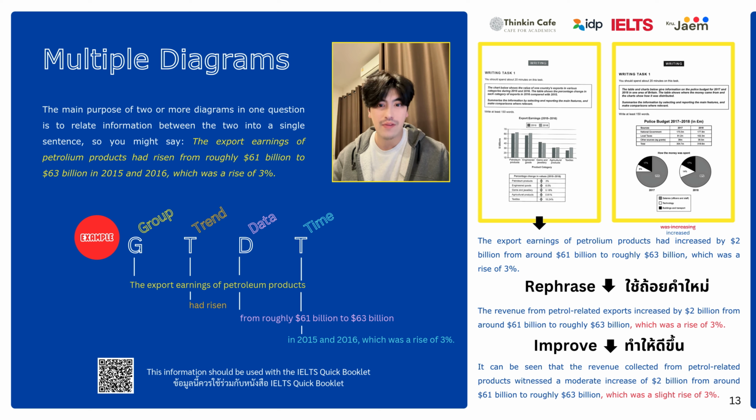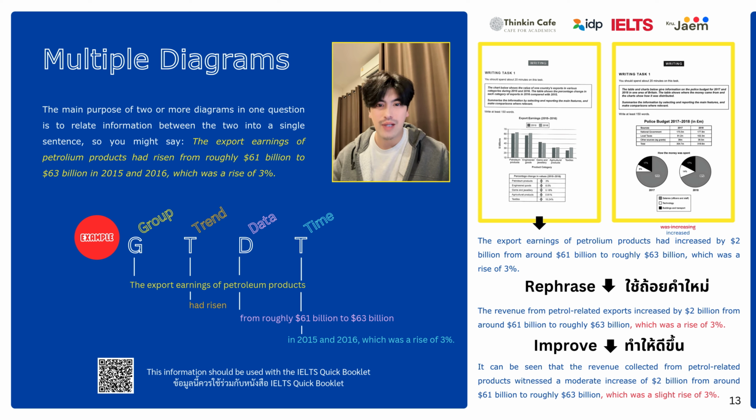When you're talking about the content of a statistical diagram, the features that you've chosen, again, you should mention the group name, for example, petroleum products. You want to talk about the trend, increased or decreased, for example. Then you want to talk about the data. So you might say, for instance, from around $61 billion to roughly $63 billion.